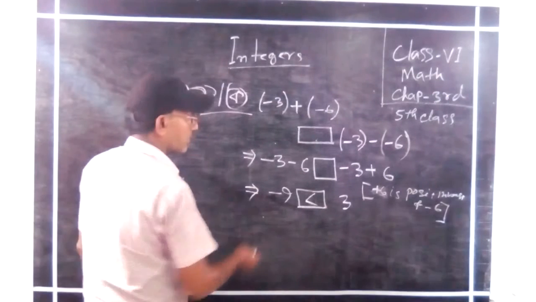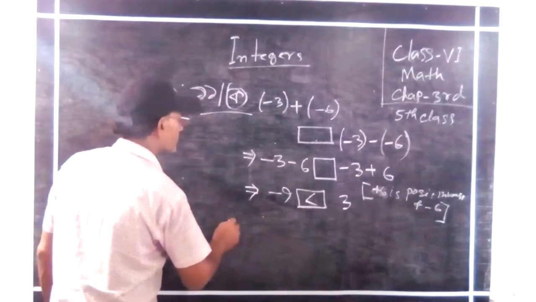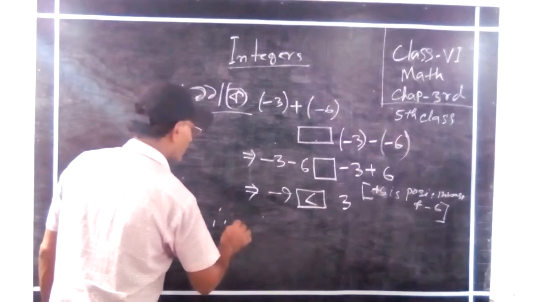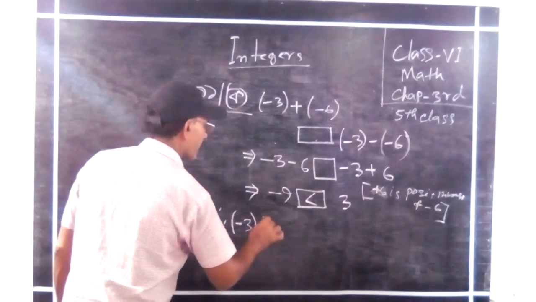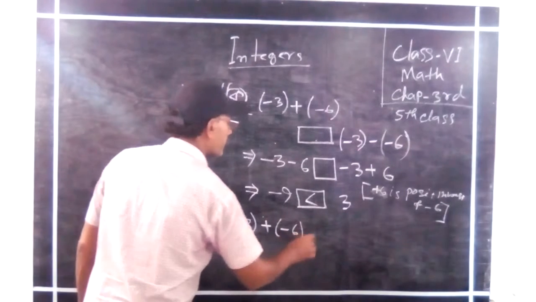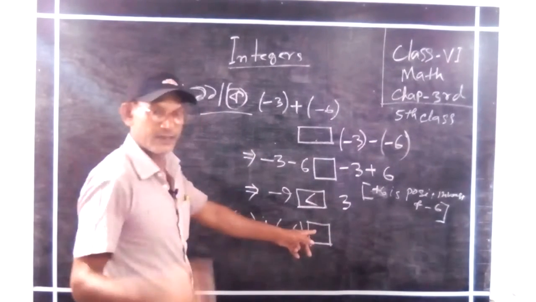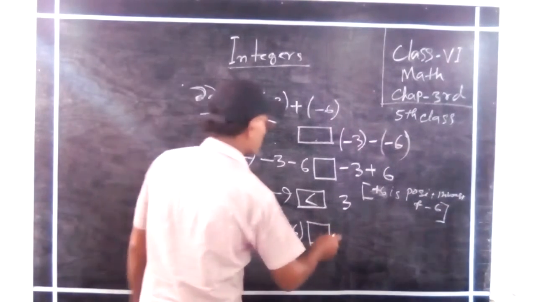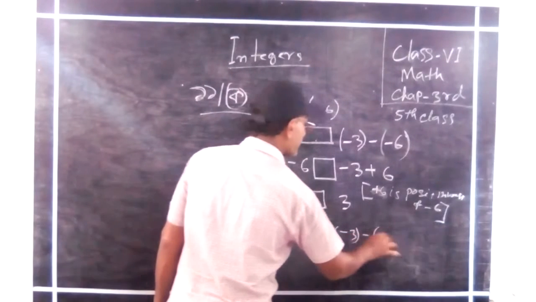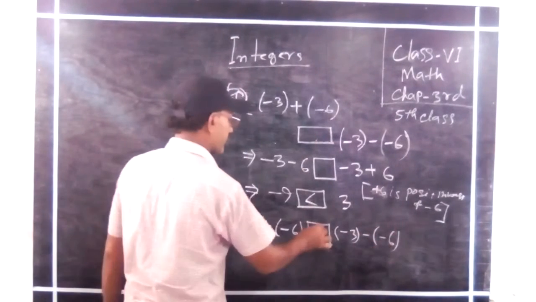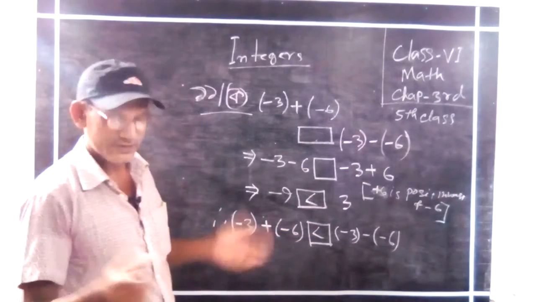So we do everything here. So minus 3 bracket closing plus minus 6, empty cell. We'll write the sign here. Next, minus 3 minus 6. Here our sign is the left hand side or smaller than sign.